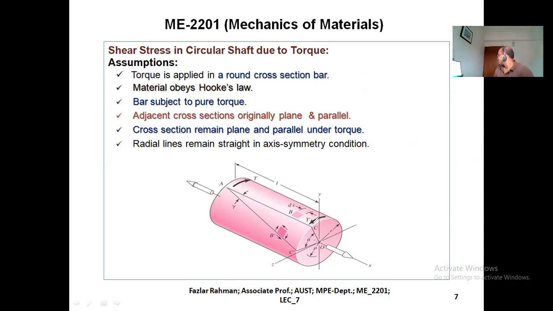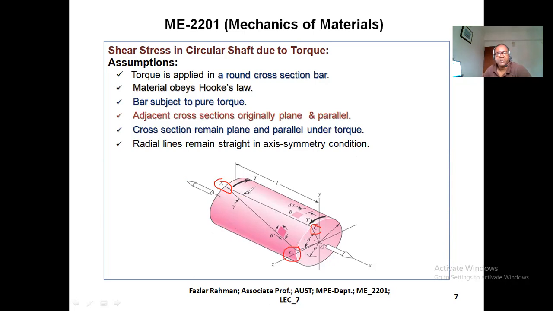Before applying the torque, the line AB remains straight, but when we apply the torque, the line AC moves; this is C, this is A. Point C moves to C prime. So what is happening over here?